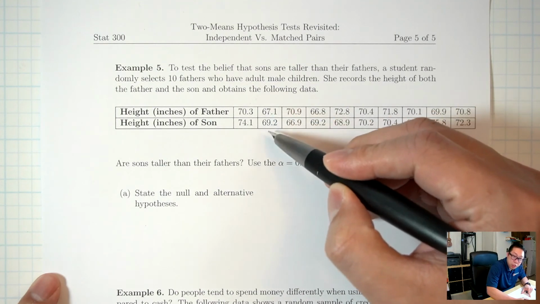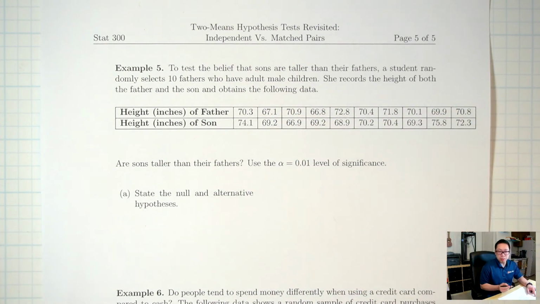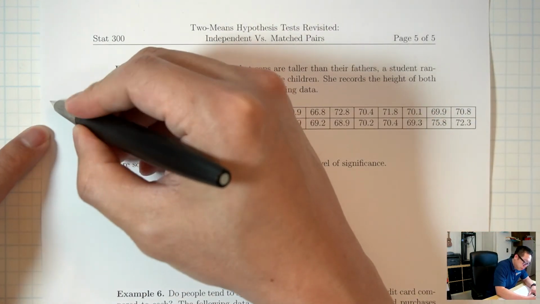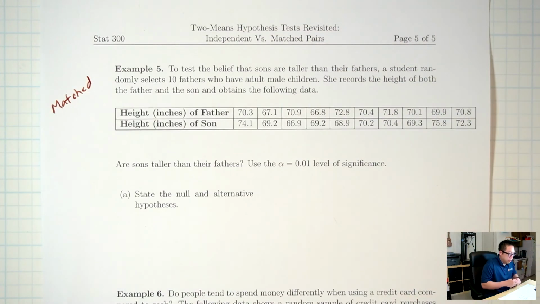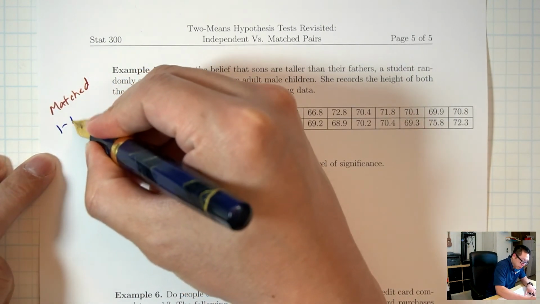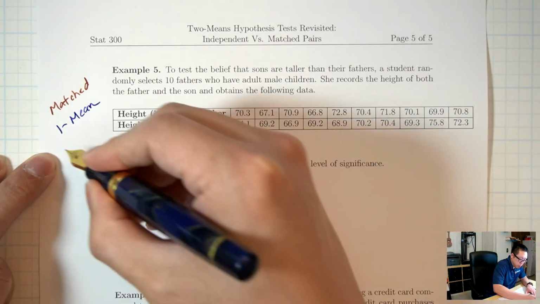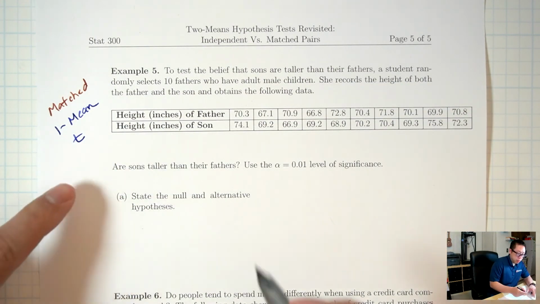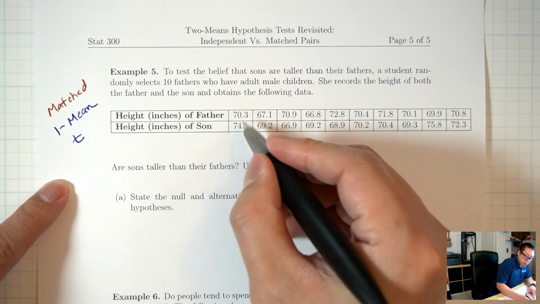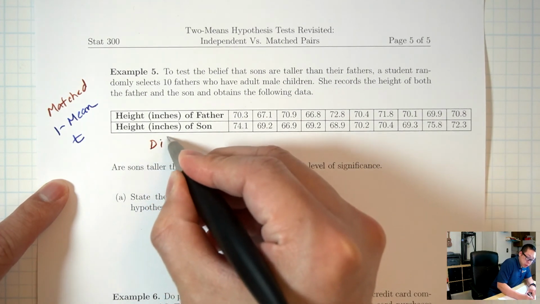So they actually should go together, which means this is a matched situation. Which means we'll run this as a one mean. And then we're using t's, of course. In a matched situation, your next step will be to subtract and find the differences in Google Sheets.